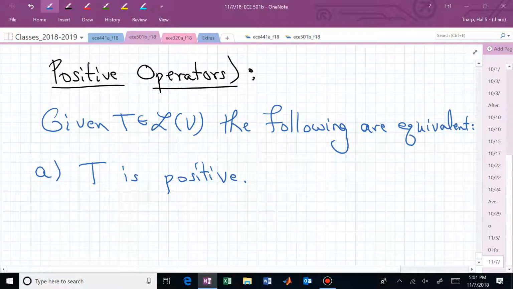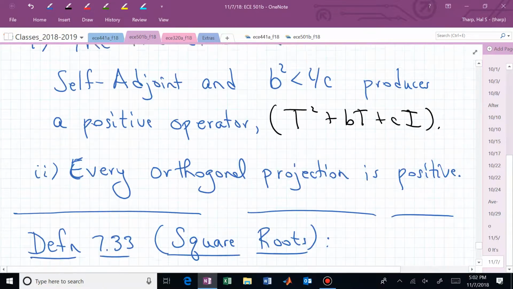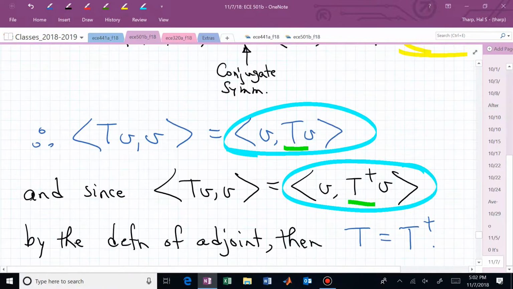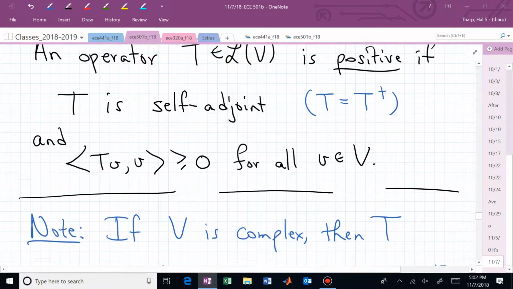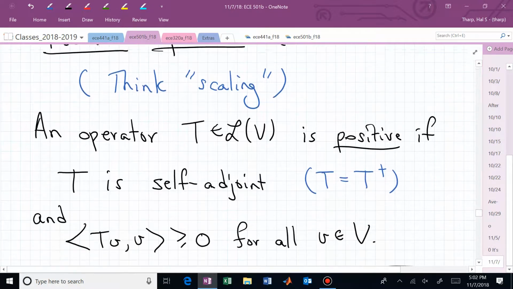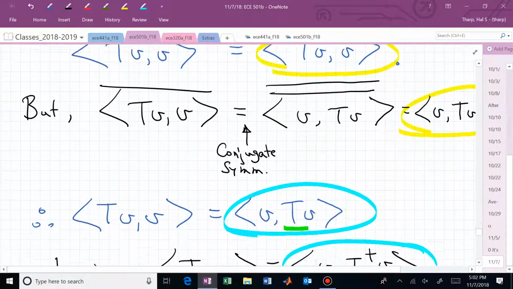A: T is positive. And we know what that means, don't we? What did we say it meant for an operator to be positive? An operator T is positive, here's the definition, if it's self-adjoint and the inner product of TVV is greater than or equal to 0 for all V. That gives us our positive operator.